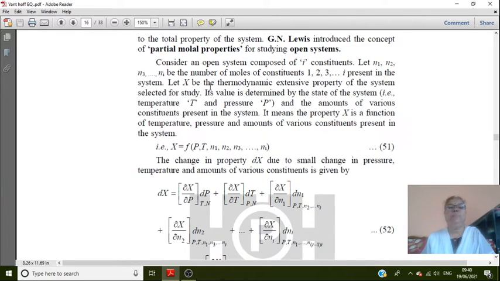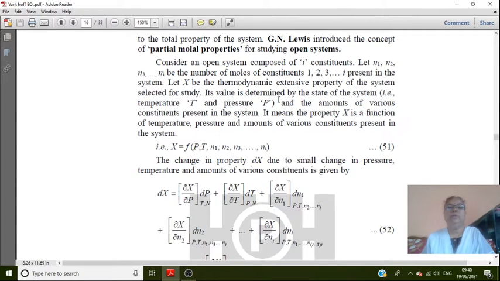Let X be the thermodynamic extensive property of the system selected for study. In general, we consider X as our thermodynamic extensive property.